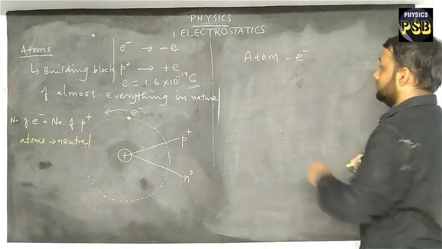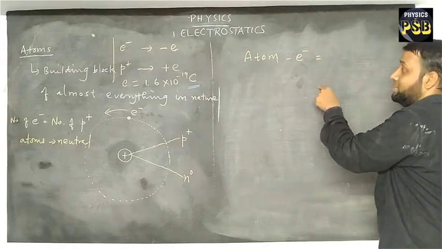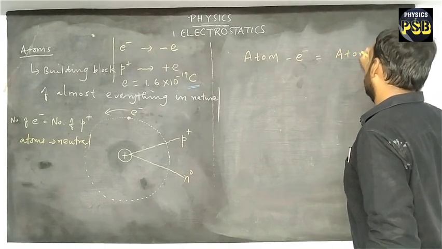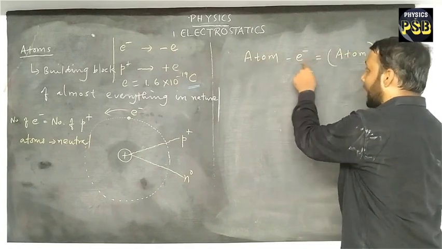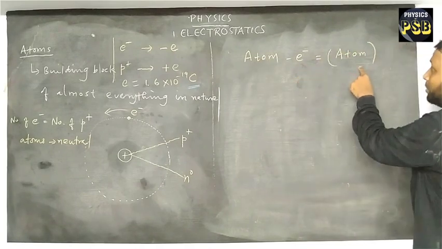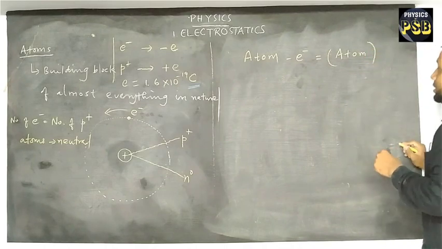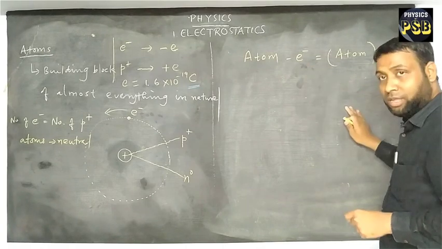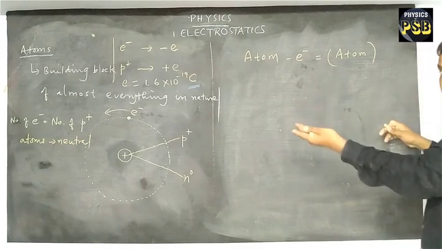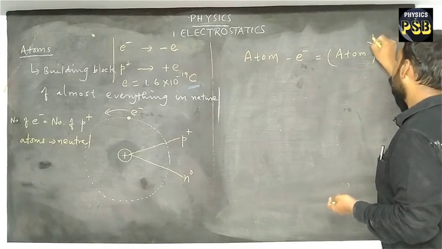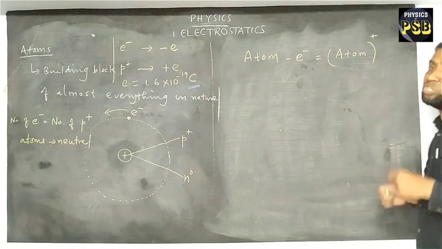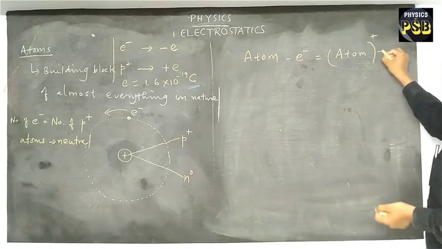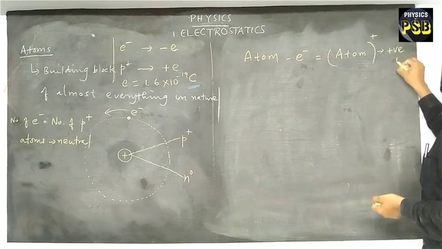When it loses electrons, the number of electrons in the resultant atom decreases. So the number of electrons in that atom has reduced. Now, when the electrons have reduced, the negative charge will go down and the positive charge will increase. So the atom becomes positively charged. One such positively charged atom is called a positive ion.